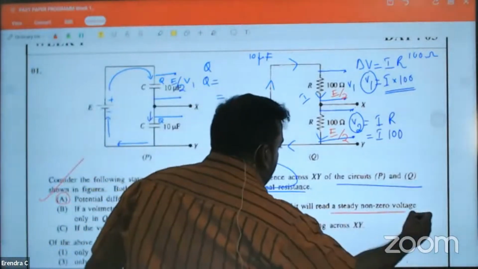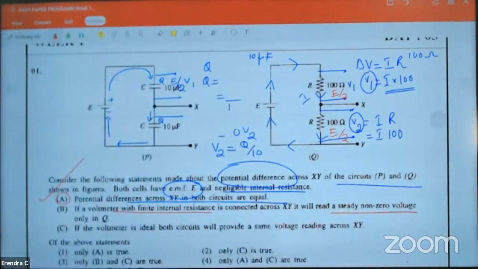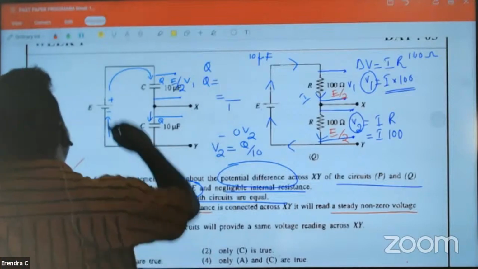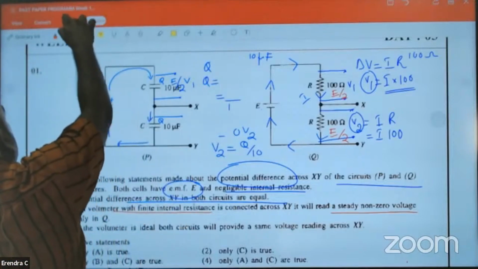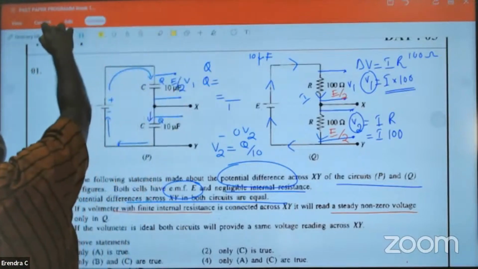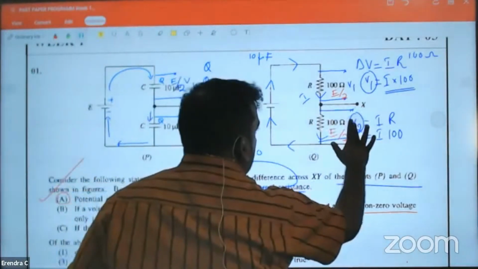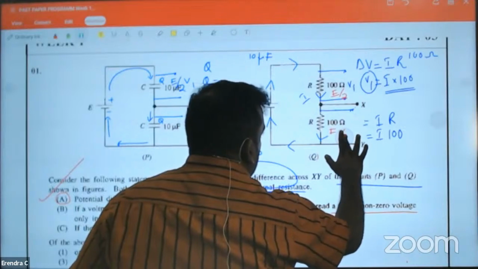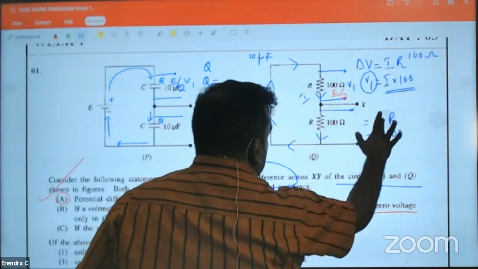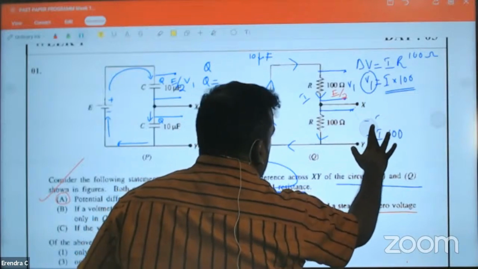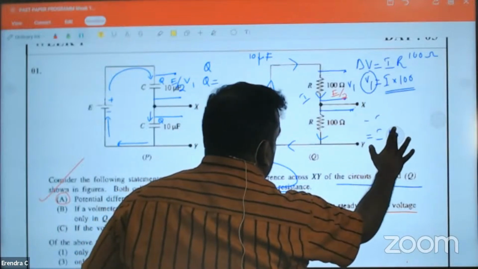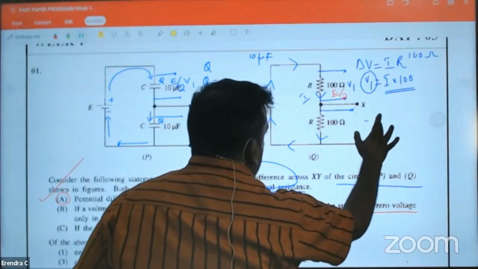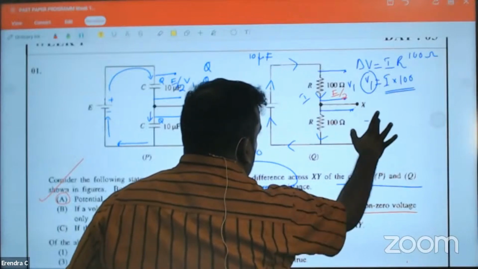It will be a steady non-zero voltage only in Q. Steady non-zero voltage only in Q. Right. Look at this carefully.